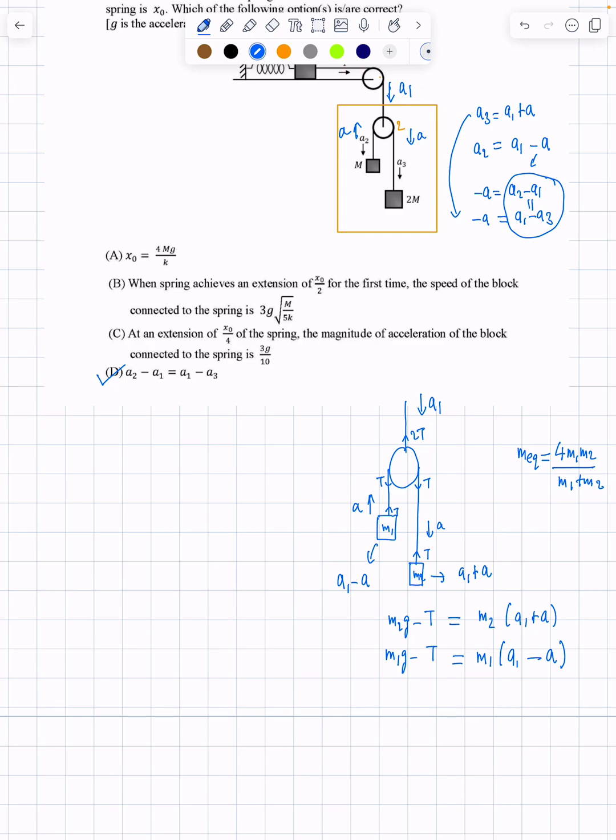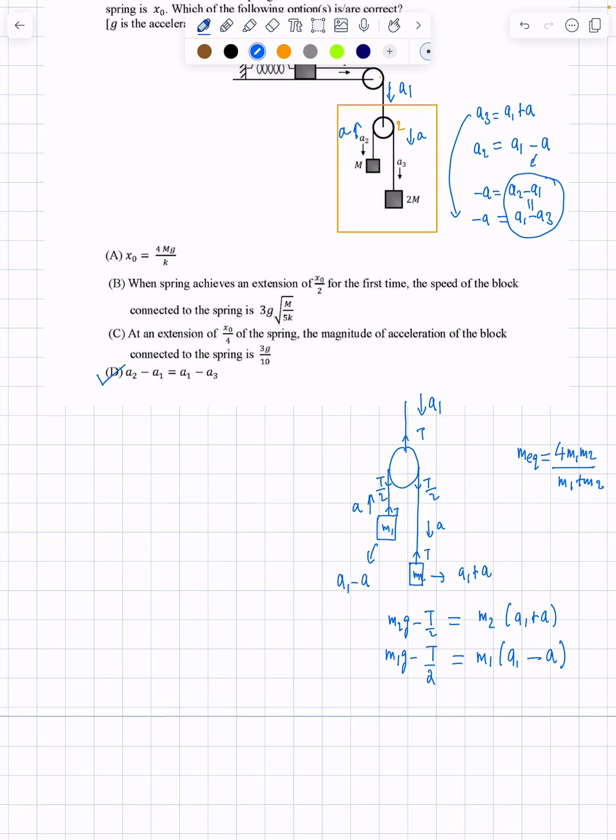Another modification I will do is that I will assume this tension as T. So what it means is this becomes T over 2, and you'll see why I want to assume that as T. So these equations will change to T over 2.